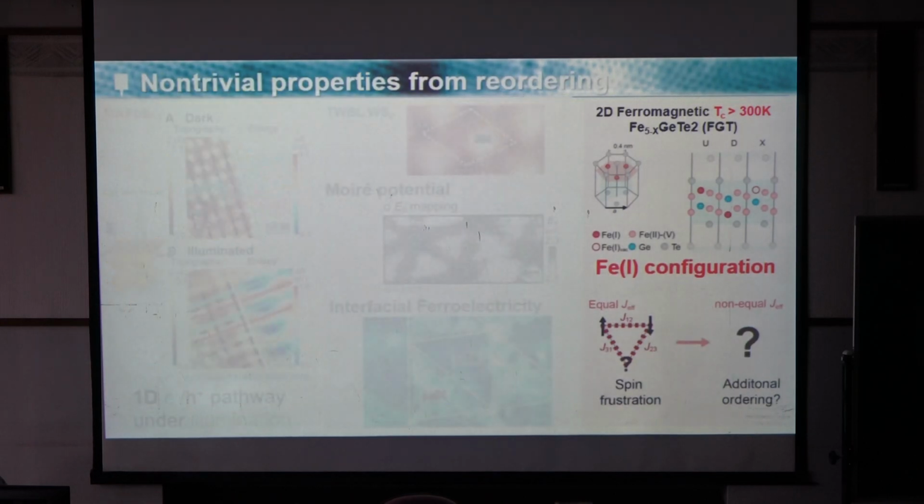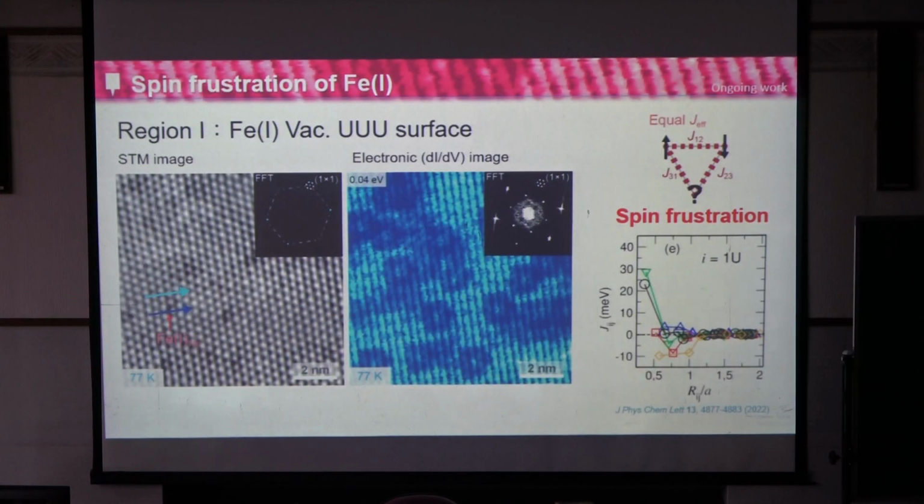So from this theoretical study, you can see many Fe atoms have ferromagnetic interaction, but some, especially the Fe1 atoms, have anti-ferromagnetic interaction with each other.